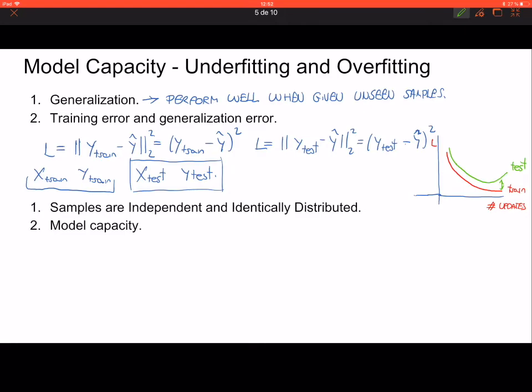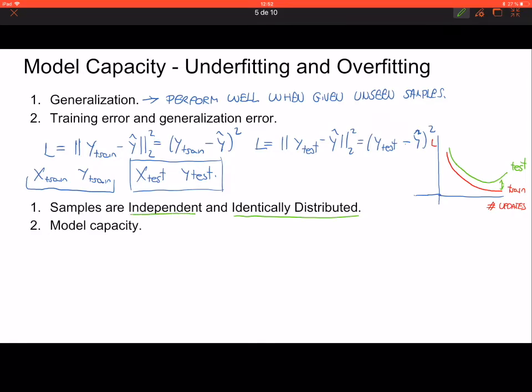in general, it's also important that the samples, both in the training and the test set, come from the same distribution. What that means is that they need to be identically distributed. They also need to be independent from each other; that's a requirement.